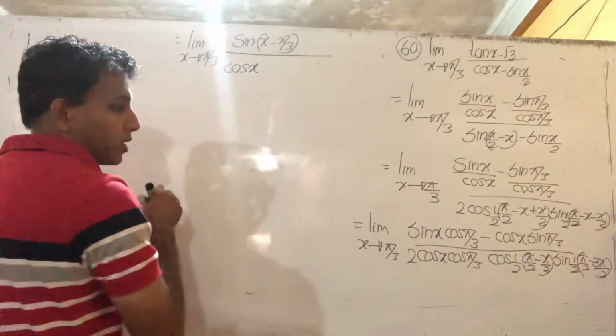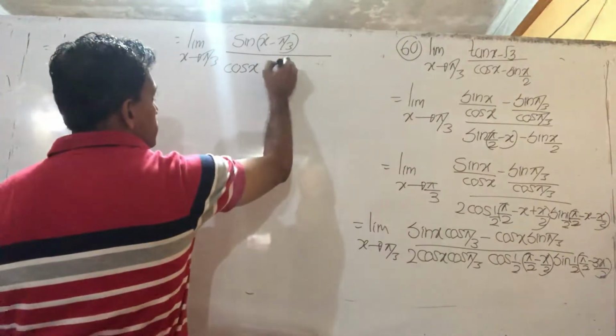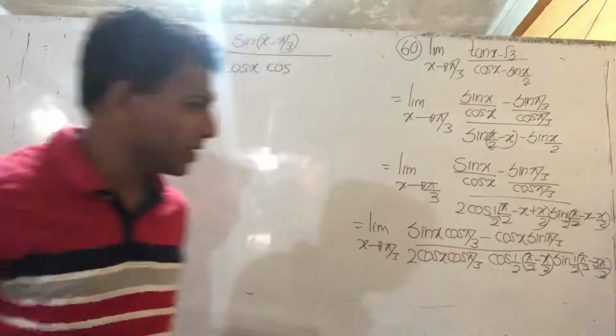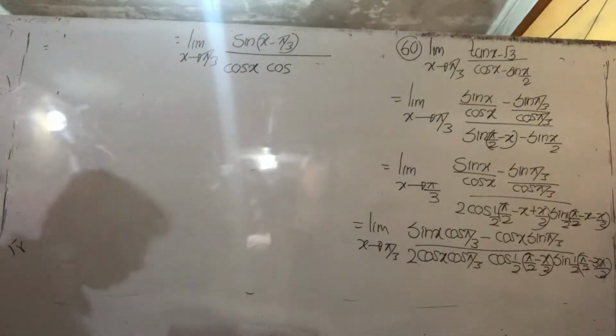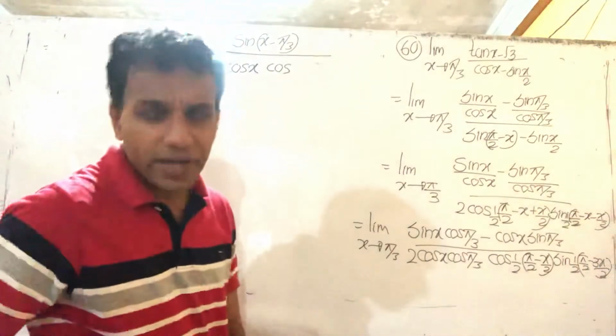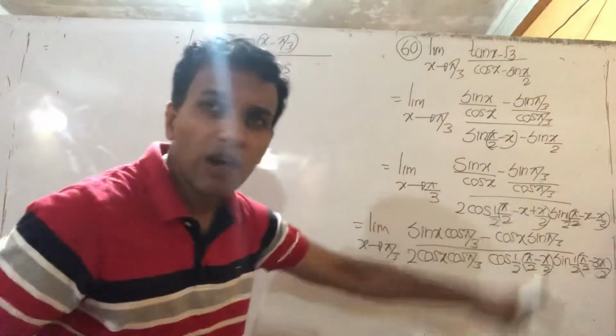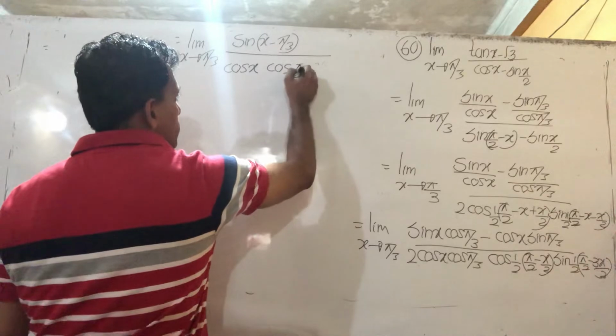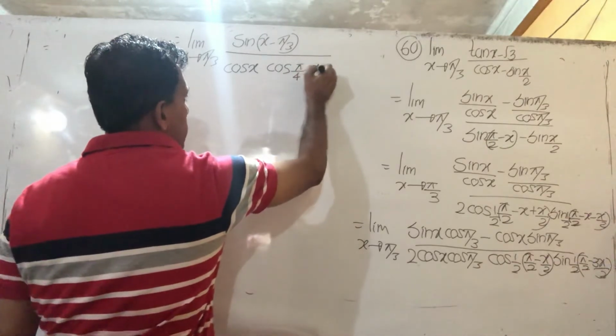The remaining part, cos, we can take the half inside of the denominator: pi by 4 minus x by 4, that pattern. If I multiply the half inside, cos pi by 4 minus x by 2.